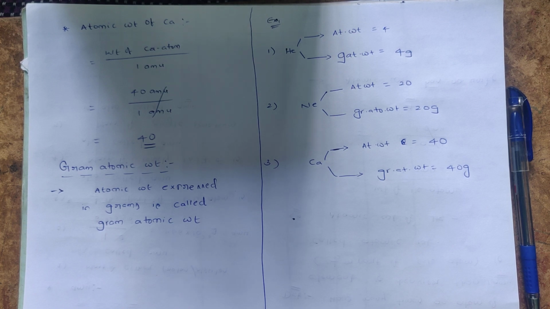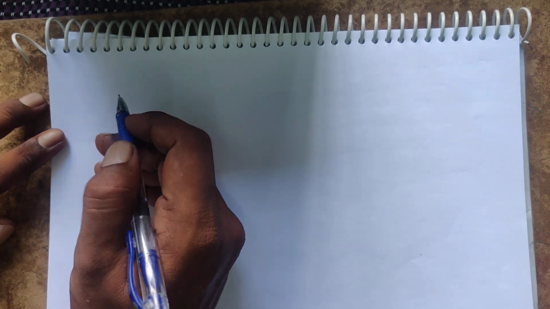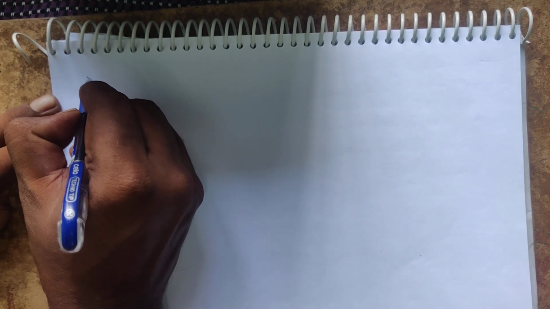Most of the students feel that as the atomic weight expressed in grams, even gram atomic weight also contains one atom. But that is totally wrong. Let us try to know the answer for this question by taking one example. Here, I am considering gram atomic weight of helium.